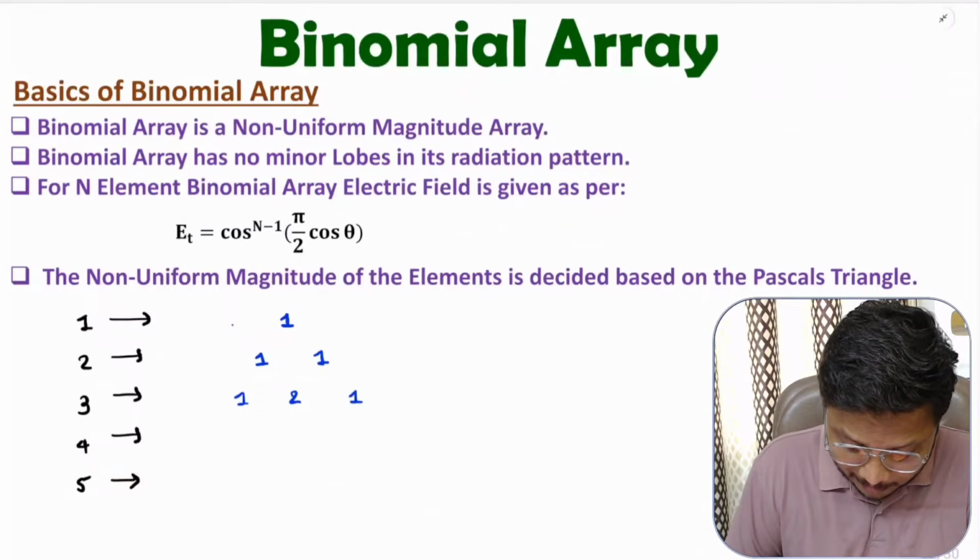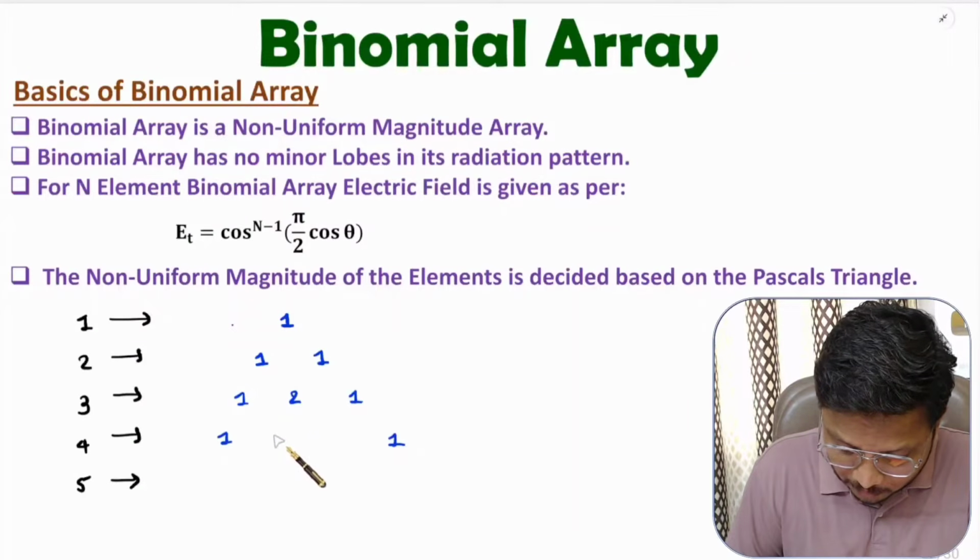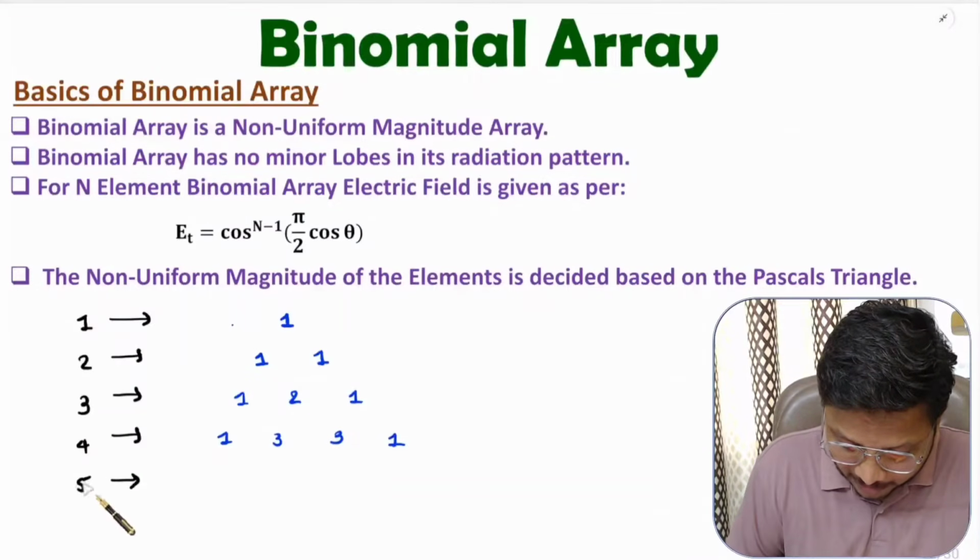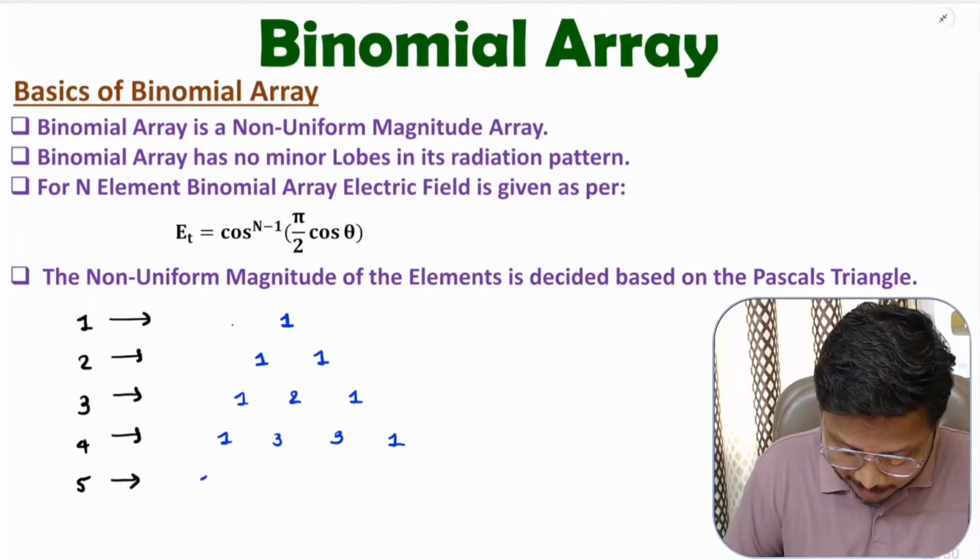In 4 elements, see, this 1 will come here, this 1 will come here. Here the magnitude will be the addition of these two, that is 1 plus 2, 3, and here the magnitude will be 2 plus 1, 3. If you talk about 5 elements, then this 1 will come here, this 1 will come here, and this element will be the addition of these two, that is 1 plus 3, 4.